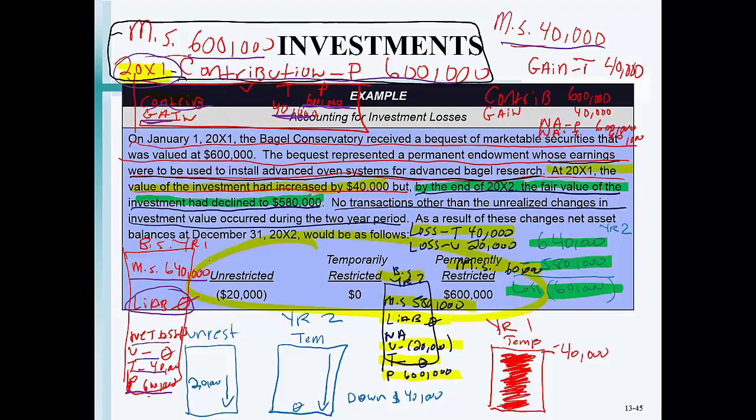No. Clear out that unrestricted. Get some positive action going in there, and then I might give you an unrestricted contribution. Otherwise, I'm not going to do it if it looks like you just blow all the unrestricted money somehow. And it could look that way if you didn't understand that we have this permanently restricted investment where we have to take the losses to unrestricted, and we can't get rid of it, right?